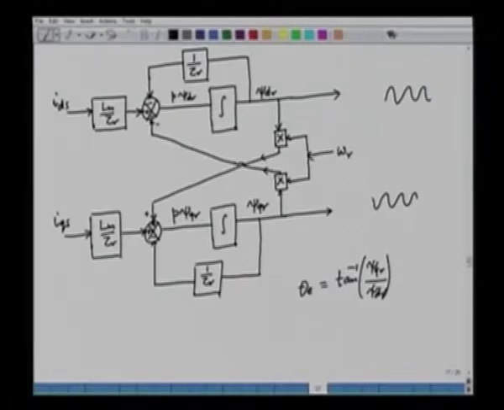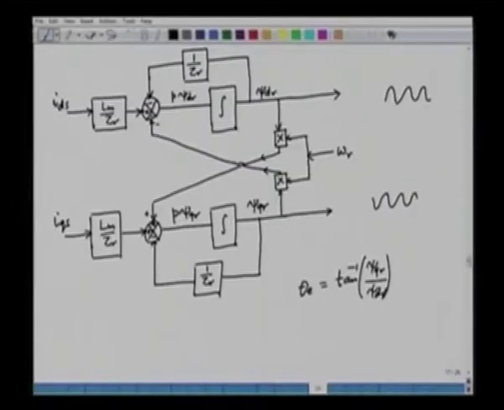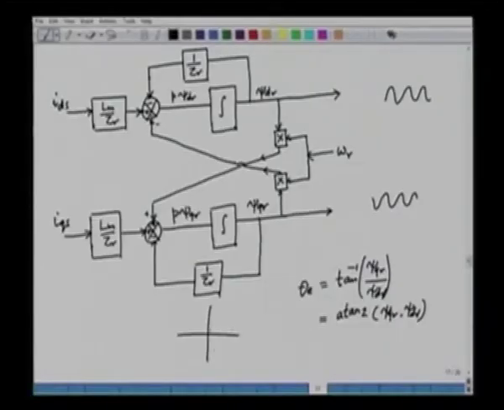Now when we simulate it, there is a function called atan2. When we are simulating maybe in MATLAB or in C, to find out this angle, tan inverse is sometimes not preferred. So what we do here is use atan2 of psi qr, comma psi dr. Now why do we use atan2? Because the flux can be in any of the four quadrants. We have four quadrants here, and we have a flux which is rotating, that is psi r, and this is our angle, that is theta e.